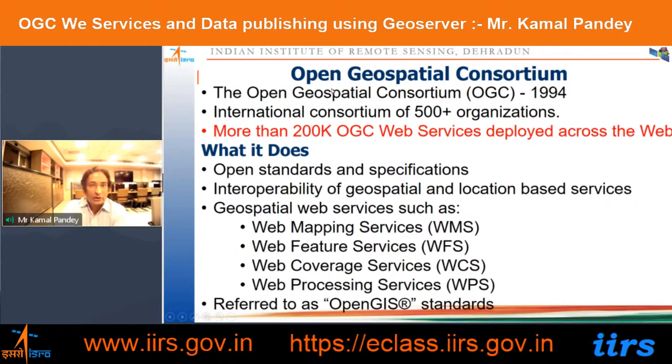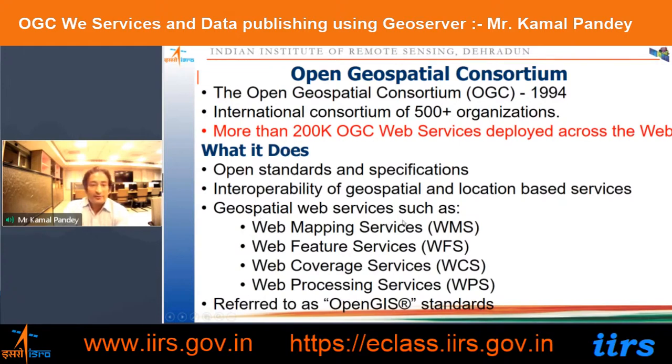What OGC is actually doing is creating open standards and specifications for geospatial datasets. Interoperability, which I told you about earlier also, is the seamless exchange of data or processes between two applications or between two agencies. Interoperability of geospatial and location-based services: it implements it through the means of these standards only.